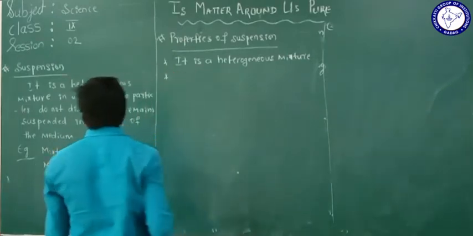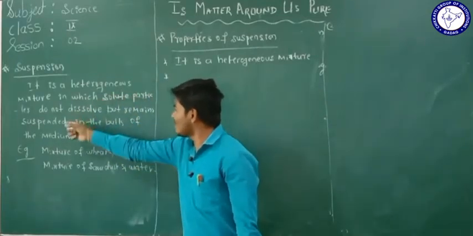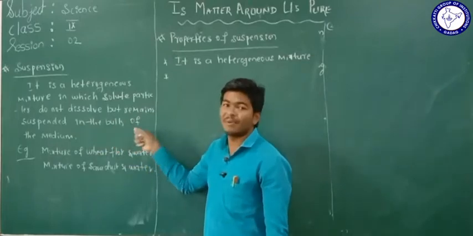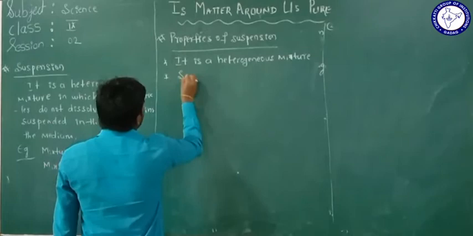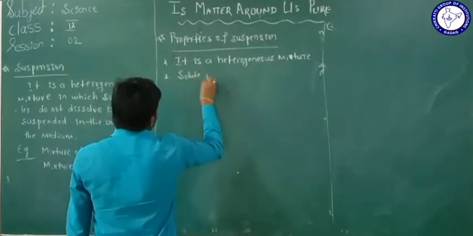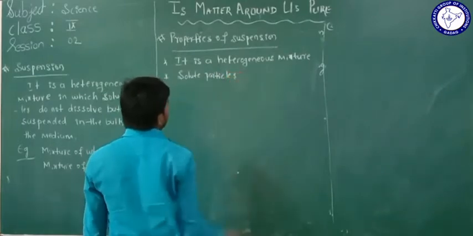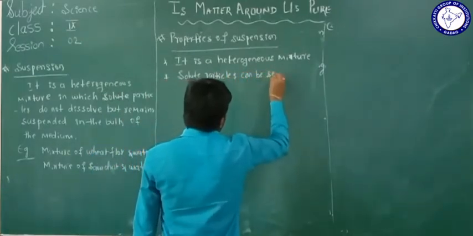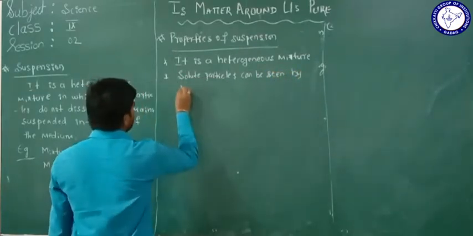Second one, see here. It is a heterogeneous mixture in which solute particles do not dissolve but remain suspended in the bulk of the medium. That means the solute particles can be seen by naked eyes.